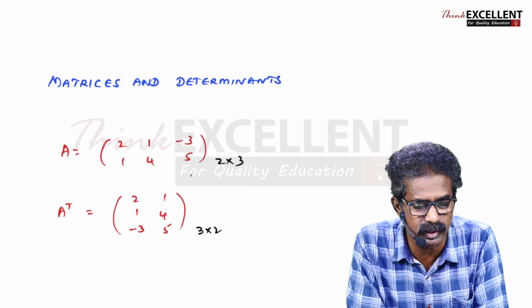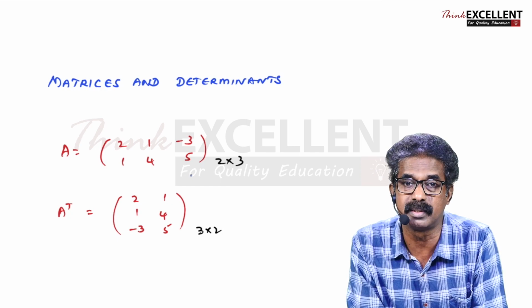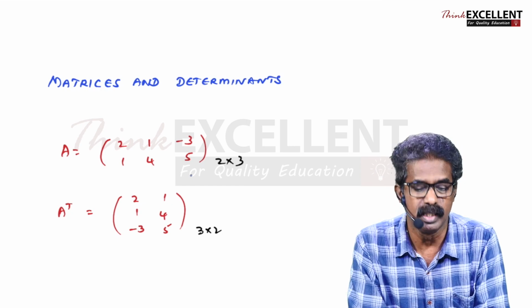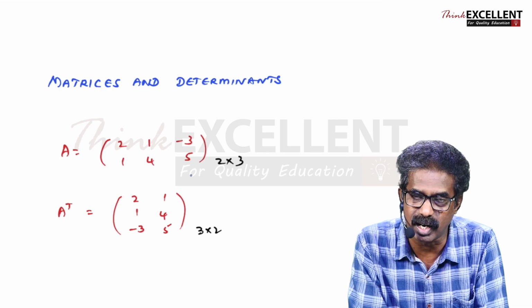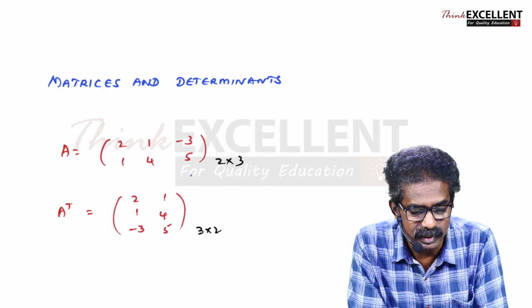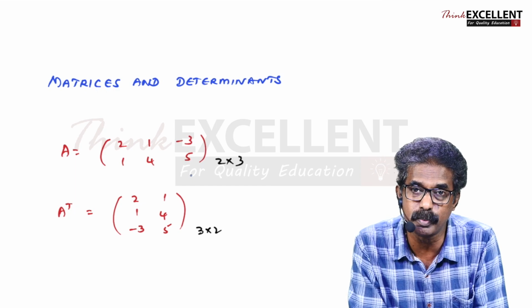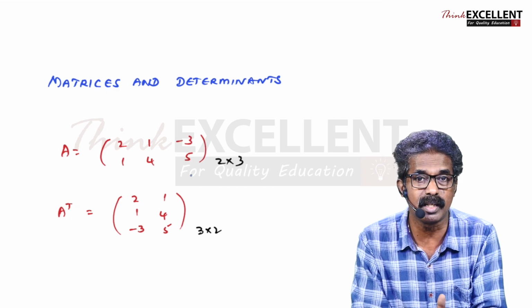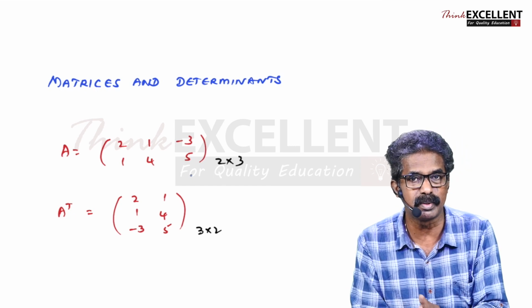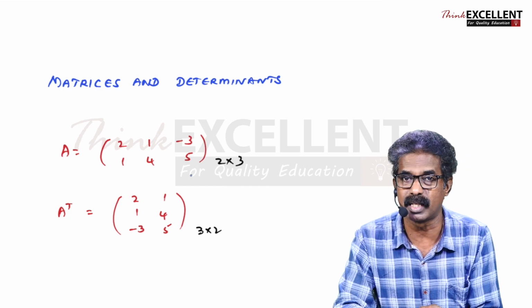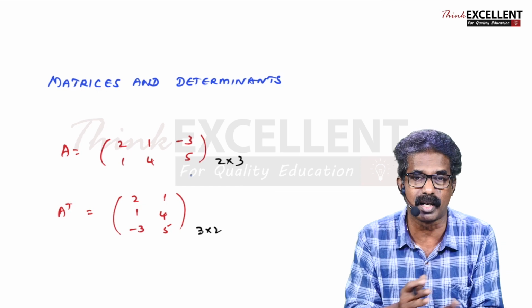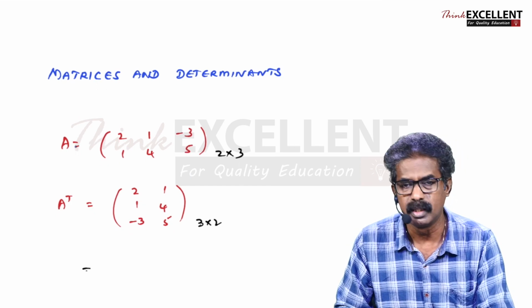First row, what is the first row here? 2, 1, minus 3. You write it as first column. Second row, you write it as second column. Now see the order, 3 rows and 2 columns, so 3 by 2. So A's order 2 by 3, then A transpose order 3 by 2. 2 by 3 becomes 3 by 2 because we are interchanging rows and columns. So the number of rows and number of columns also will be changed.